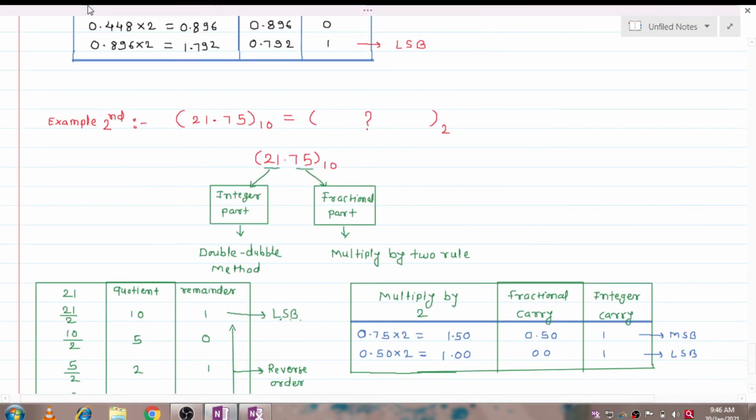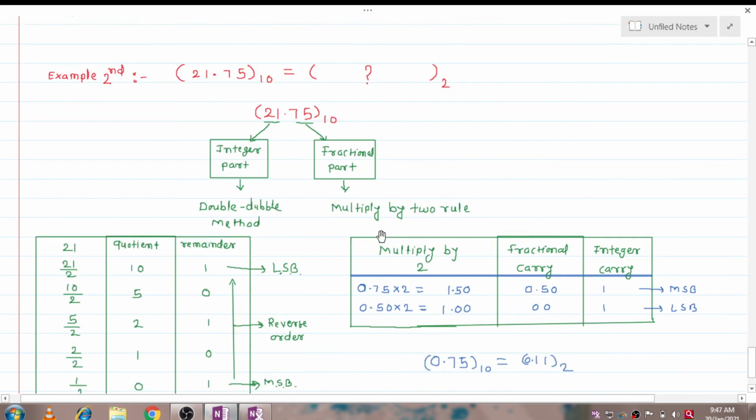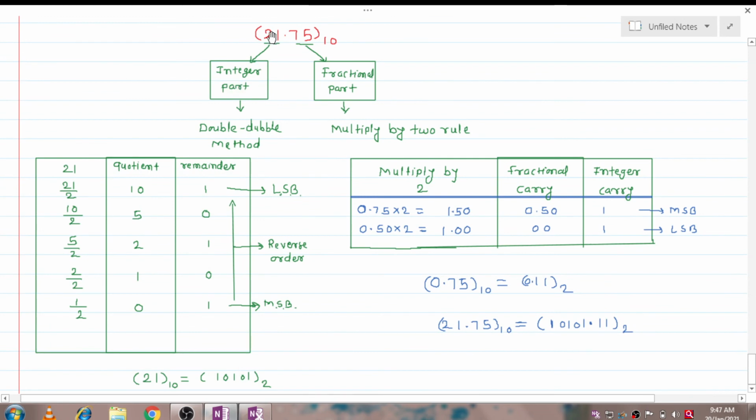Now we will take an example of a decimal number which consists of an integer part as well as a fraction part. For the integer part we use the double method, and for the fraction part we use the multiply by 2 rule. First we calculate the integer part using the double method. The given number is 21.